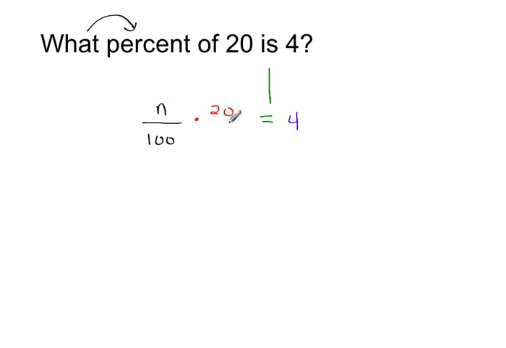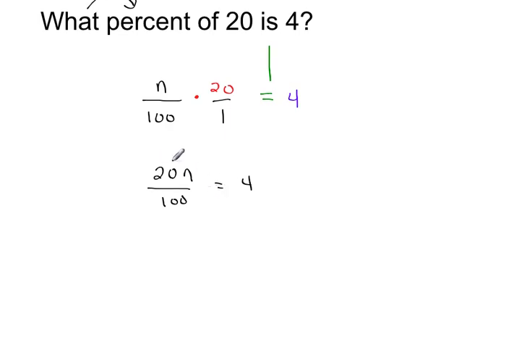If I were to just multiply these across, I get n times 20, which is 20n over 100 equals 4. And then I'm going to take this a step further. 20n over 100 can also be written as 20 over 100 times n in the middle, equals 4.